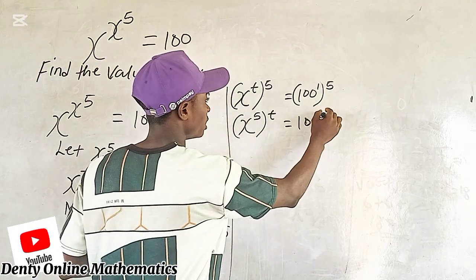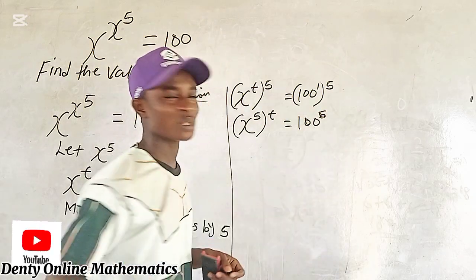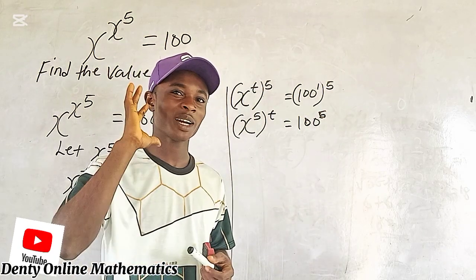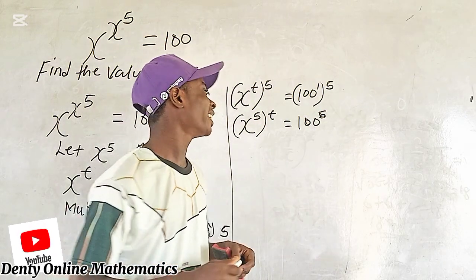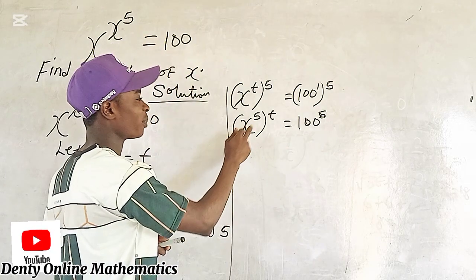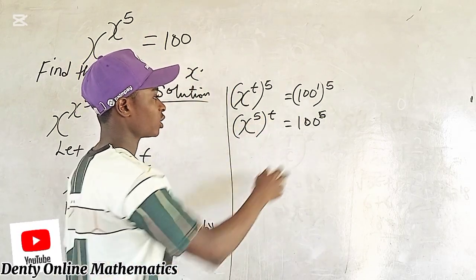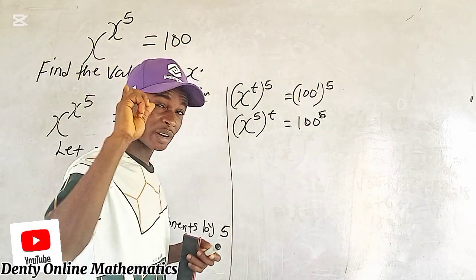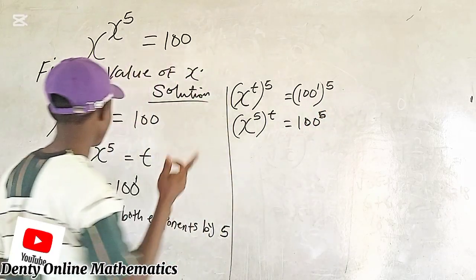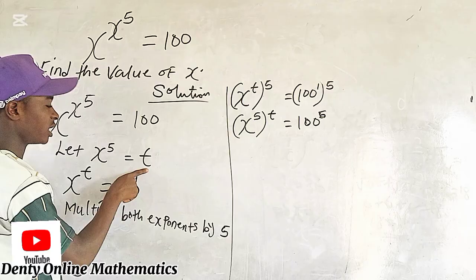Now we are getting to one of the sweetest parts of this particular problem. Alright, so we have gotten x raised to the power of 5 multiplied by t to be equal to 100 raised to the power of 5. Remember, earlier we said x raised to the power of 5 is equal to t.